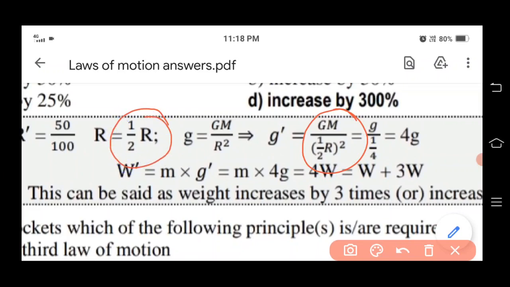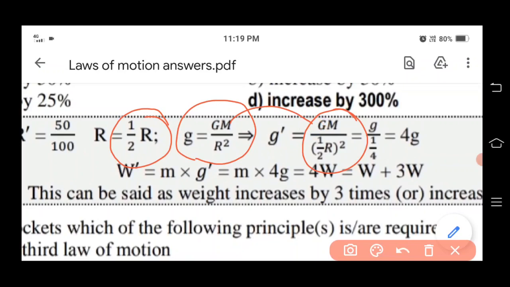So 1 divided by 2 r whole square. So here we are going to change this formula. g equal to GM by r square. So we write GM and then divide by r square.